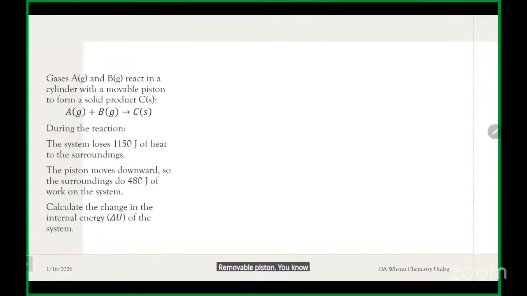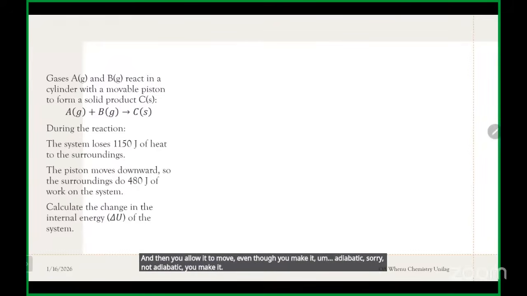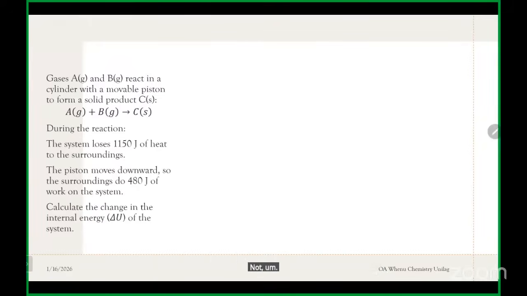You know that thing that you cover and then allow to move, but you make it not allow particles to get out. So during the reaction, the system loses 1,150 joules of heat. The piston moves down so the surroundings do 40 joules of work on the system.